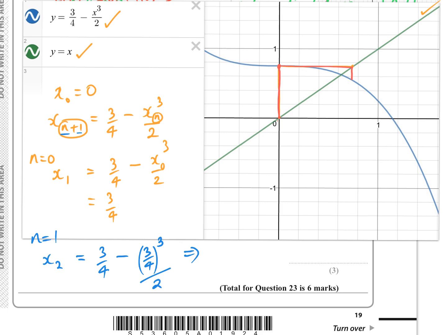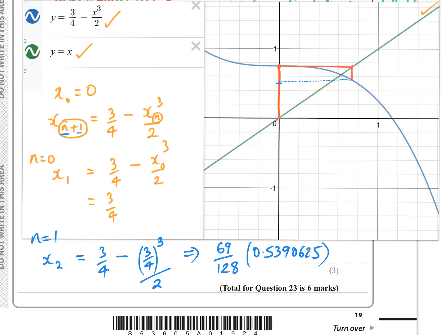On the calculator, this would give you 69 over 128, which is 0.5390625. Now, if you think about this, here's halfway, that's 0.5, and if you look very carefully here, this is actually the value that we're looking at here, 0.54 roughly.